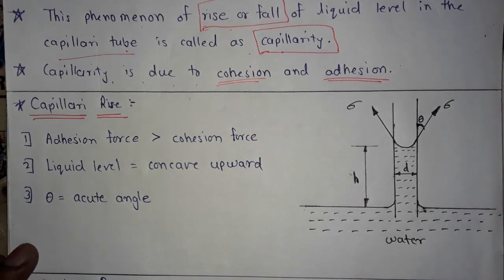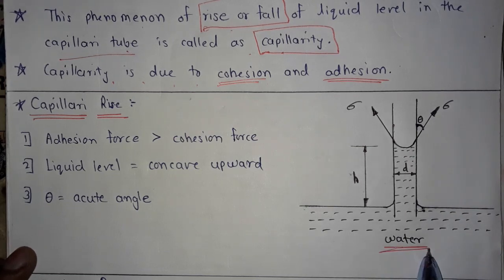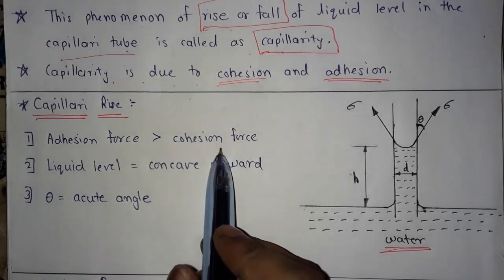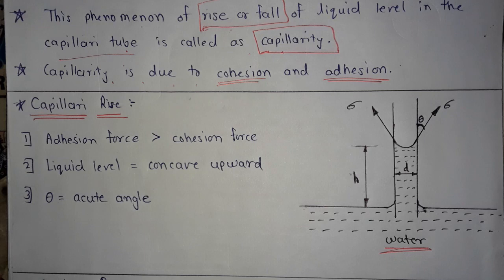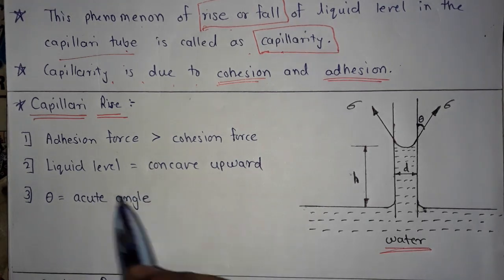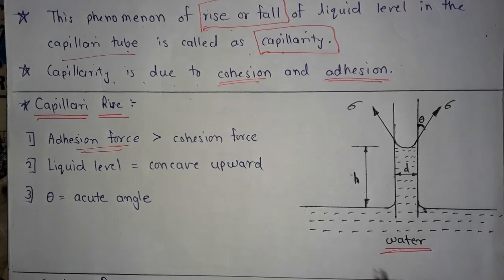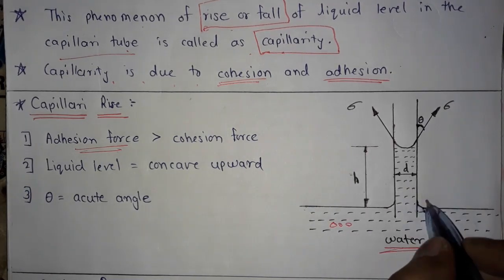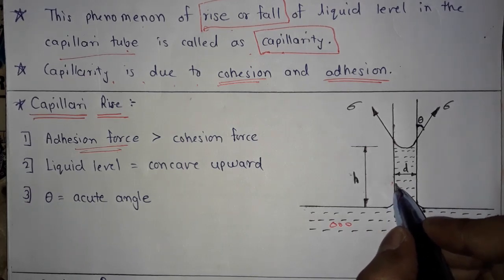Friends, here we have taken the example of water. When adhesive force is greater than cohesive force, then capillary rise occurs. Here, in this case, adhesive force means the force between the molecules of water and the molecules of this tube.